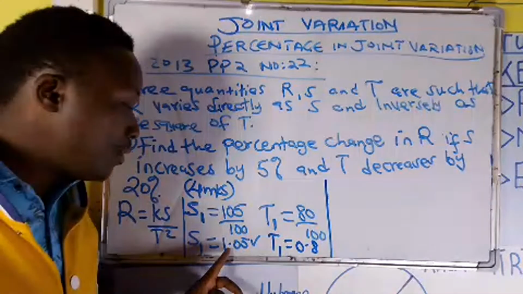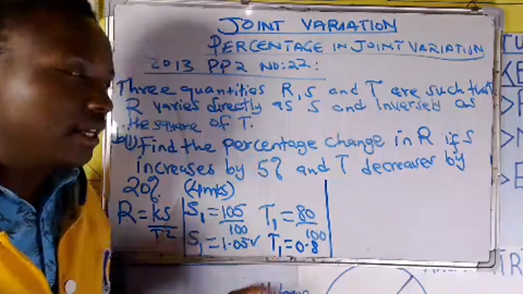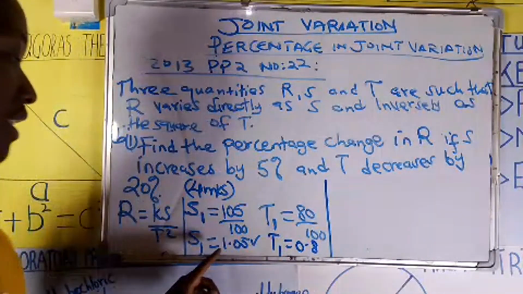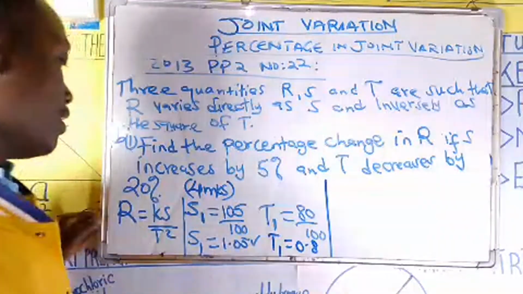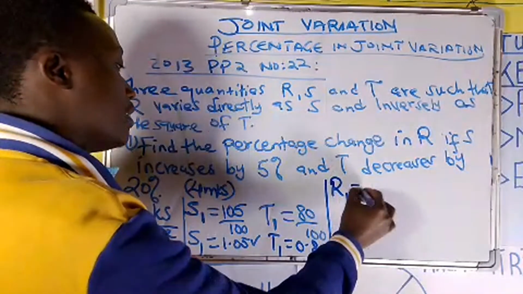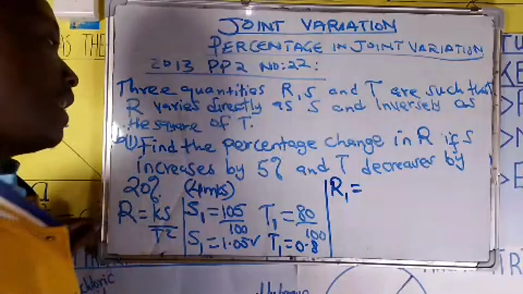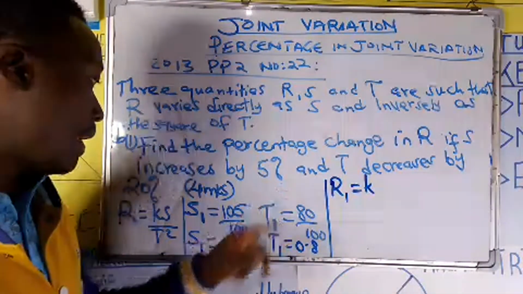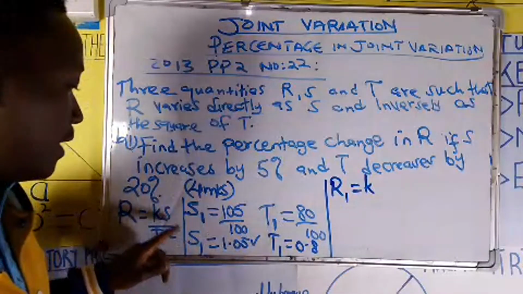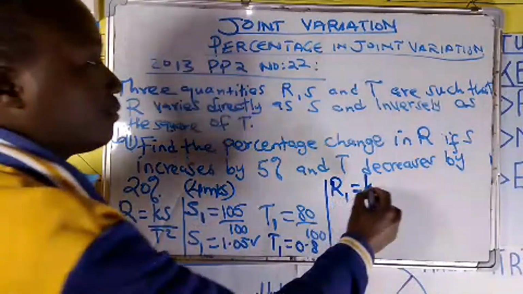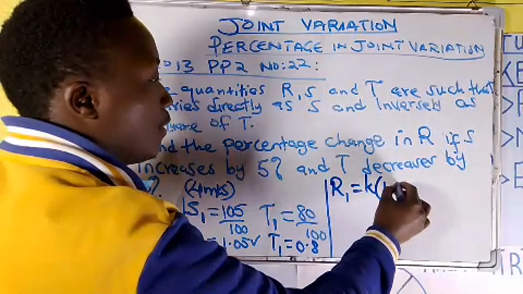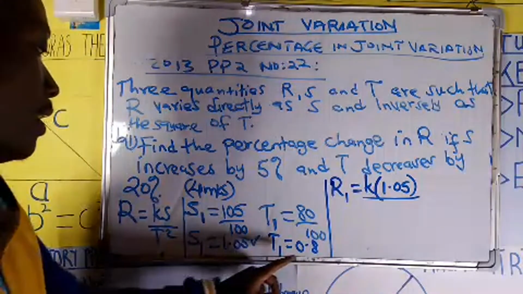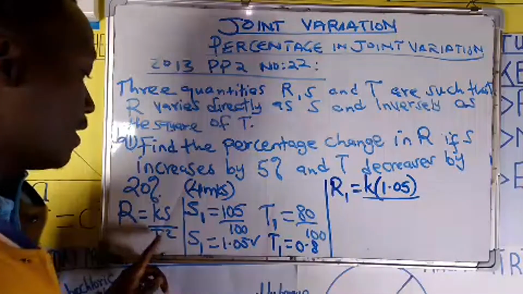When we have a new S and a new T, definitely that will give us a new R, because there is change in S and there is change in T. So for us to get the new R, let us include our K there. I will show how we will cancel the K. So it will be K, then our S is 1.05, so we can have 1.05 over our new T, which is 0.8, and T is squared.